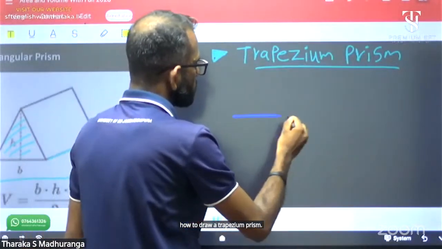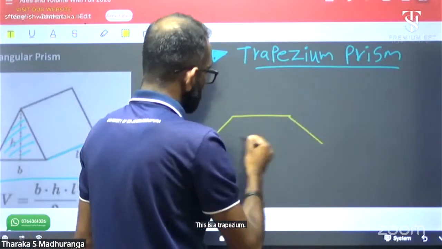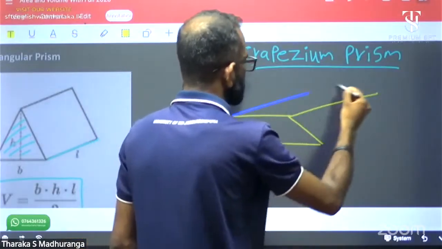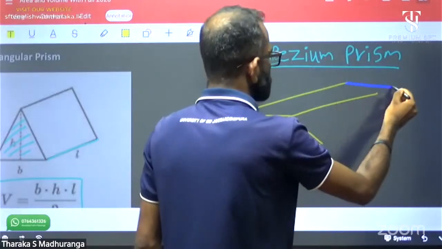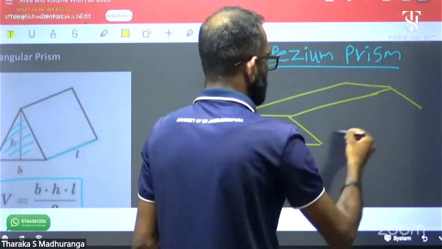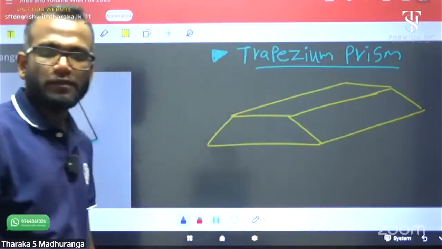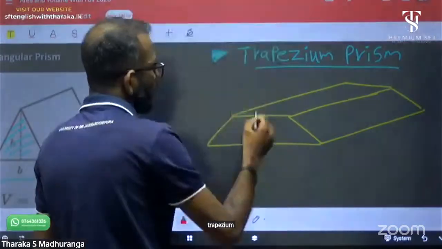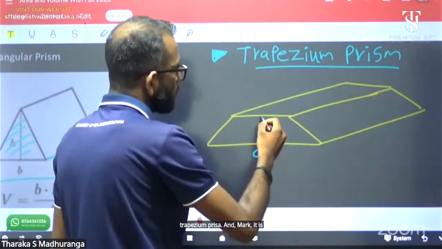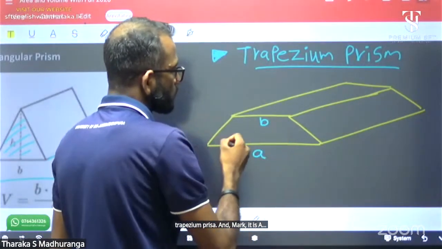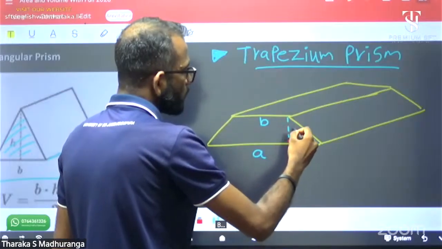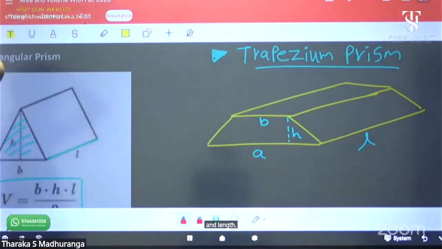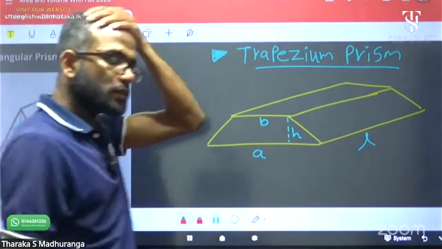This is a trapezium. Trapezium prism. And mark it as A, B, perpendicular height H, and length. Right?